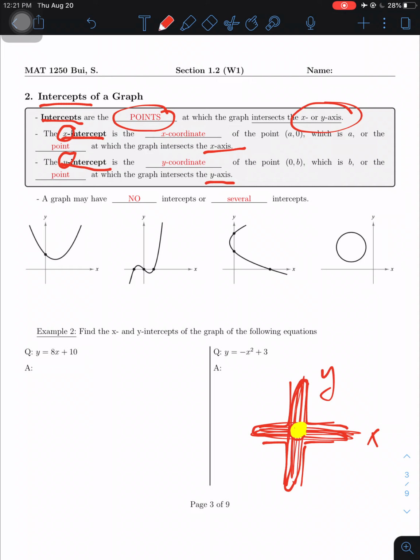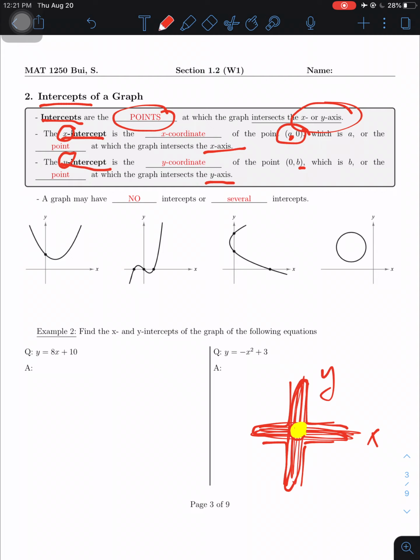Okay, so make sure you watch out for it. And symbol-wise, x-intercept, because it intersects the x-axis, should have the x part, while the y part would be 0. And with the same logic, the y-intercept, since it intercepts the y-axis, should have the y-coordinate, and the x part should be 0.